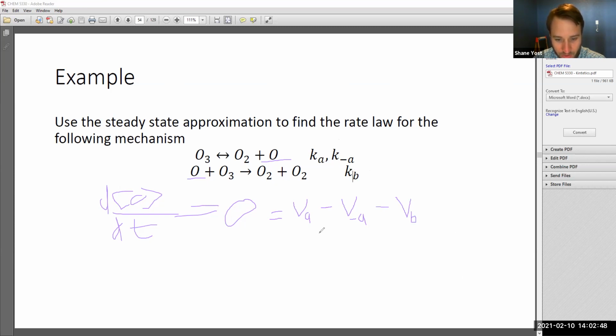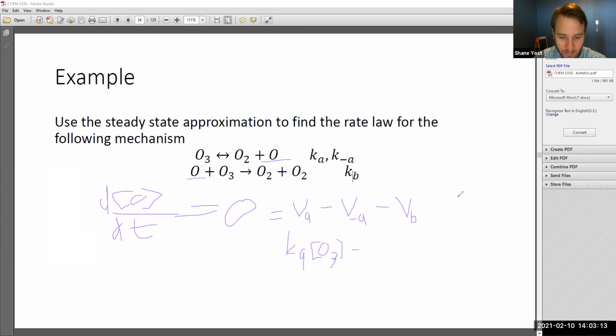Then we can just use the fact that these are elementary steps to write out the rate laws. So vA is just kA times the concentration of O3, and so on and so forth. v minus A is k minus A times [O2], and vB would be kB times the concentration of O times the concentration of O3.